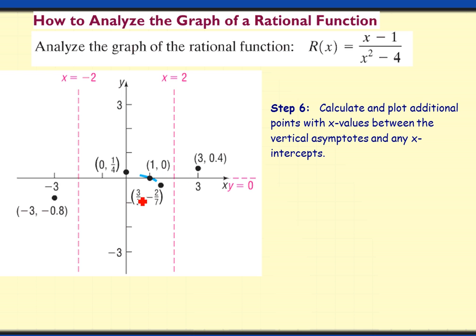So I chose 1.5 or 3/2, and I calculated a y of -2/7. And so I plotted that point. Now we have an idea of what's going to happen. And then I took an x value to the right of this vertical asymptote, x value of 3, and I calculated the y value and got 0.4. And I plotted that point.